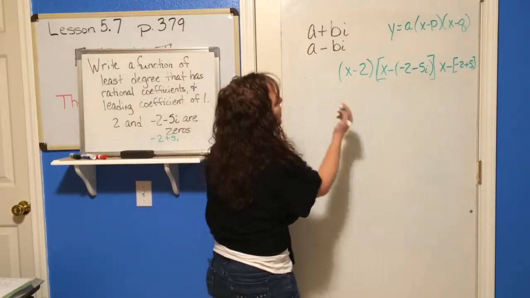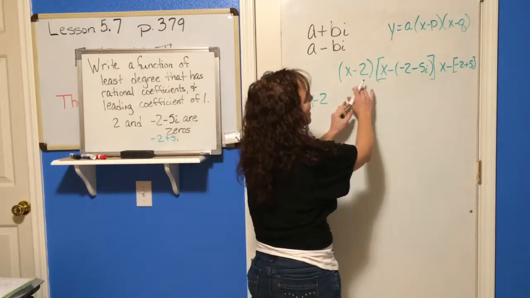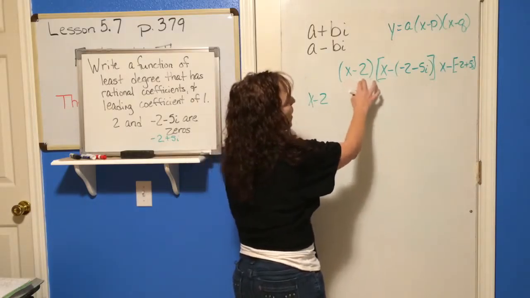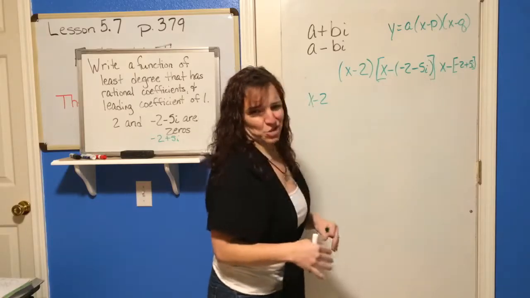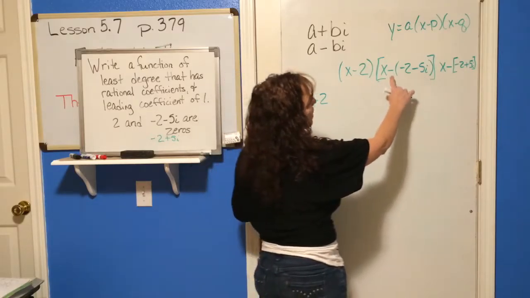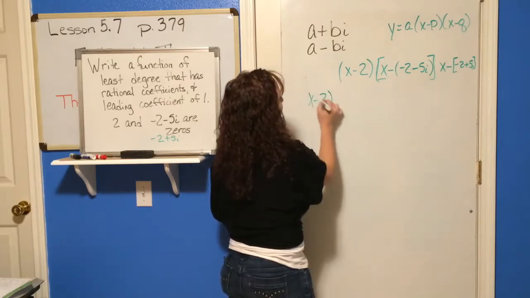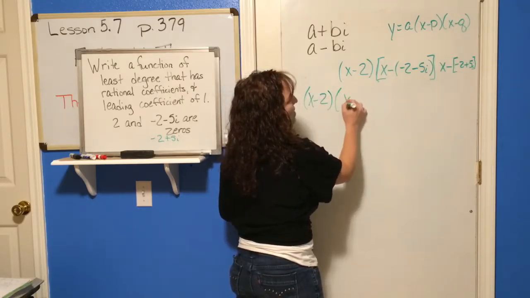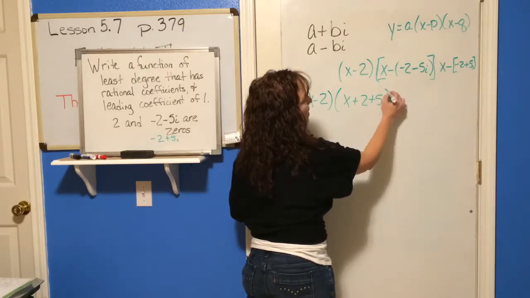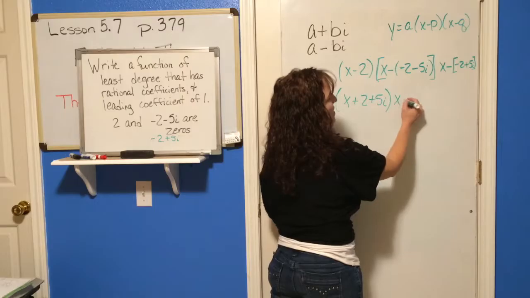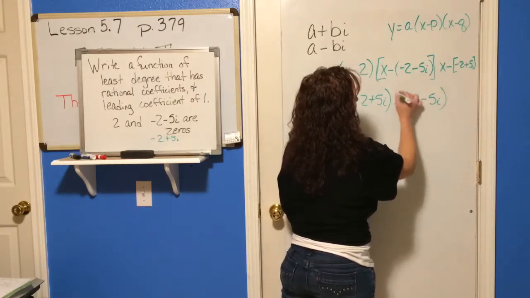All right, so now we still have the x minus 2, and once you plug in your zeros, you just have to make it look nicer. Just simplify it. So we're going to multiply this negative through here. So we've got x plus 2 plus 5i, and x plus 2 minus 5i.